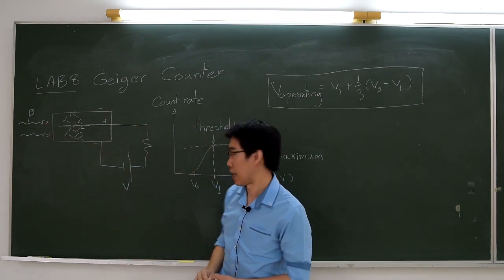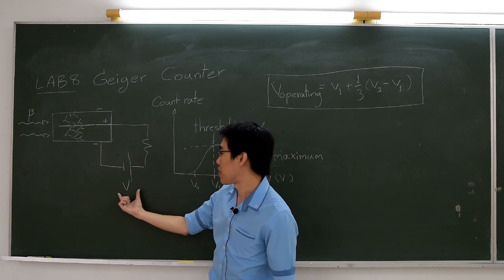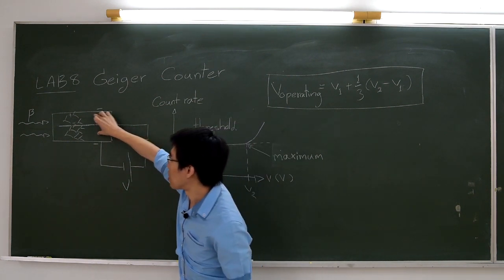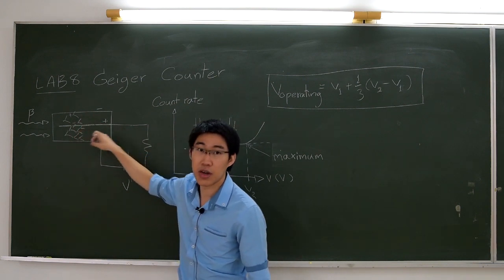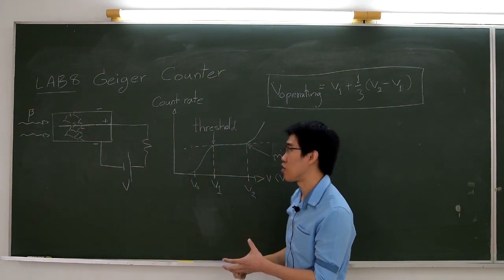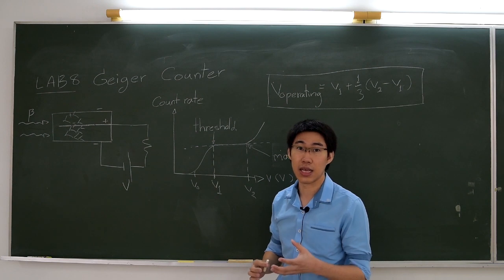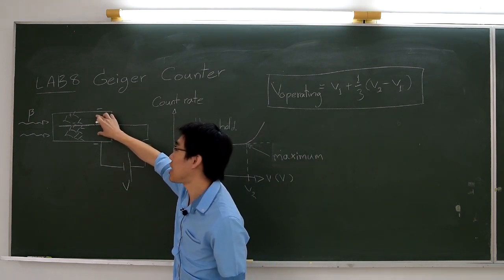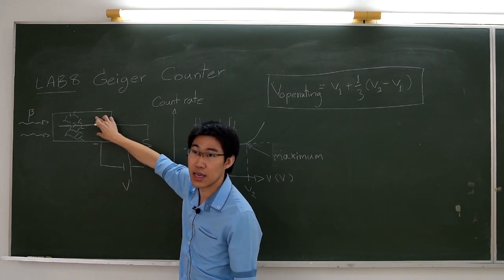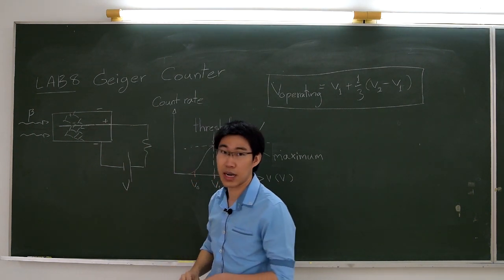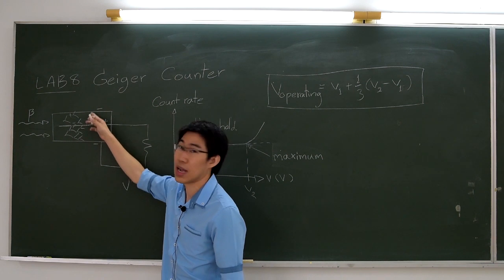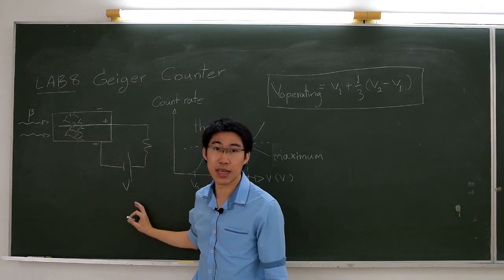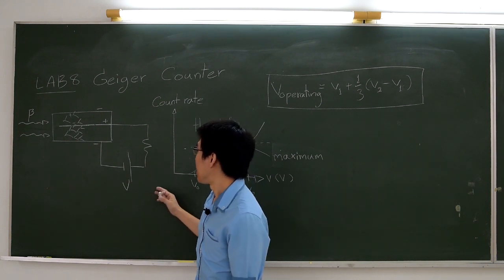But if the applied voltage is too high, the gas in the tube will break down without any radiation, which causes false detection. This means that to operate the Geiger counter, we have to find the optimal value of the operating voltage of the Geiger counter tube.